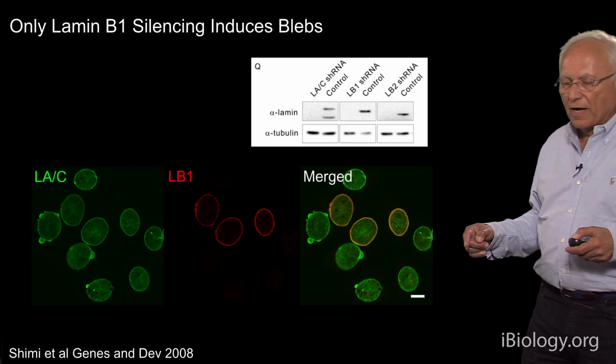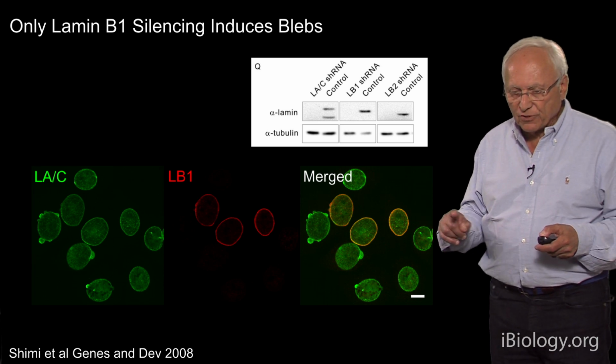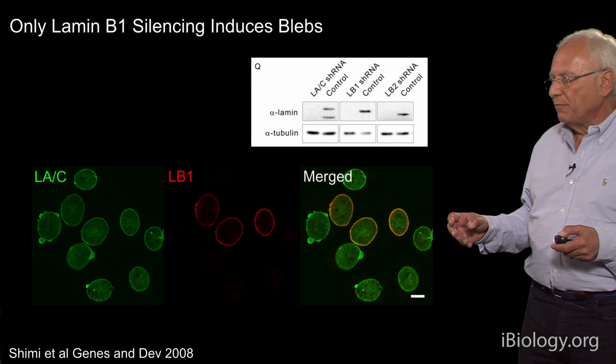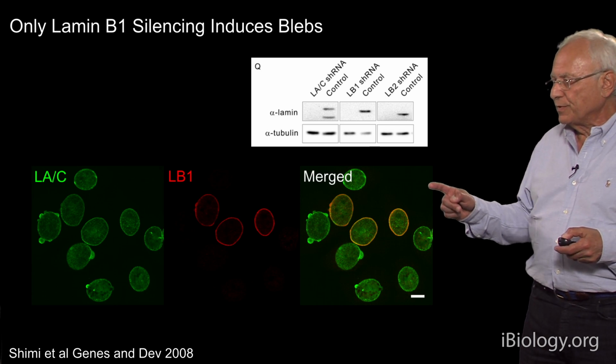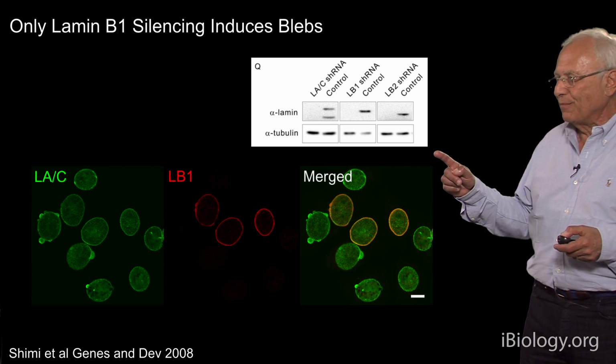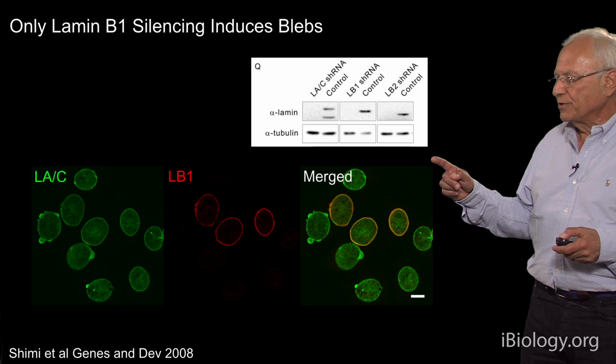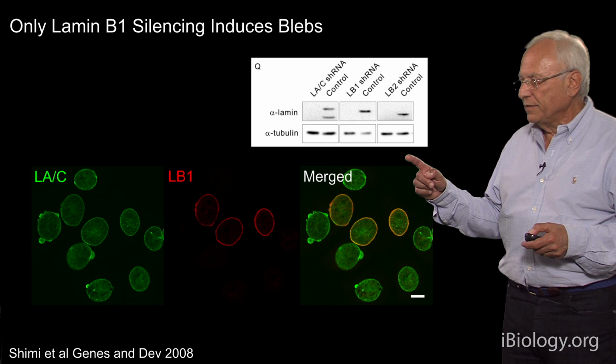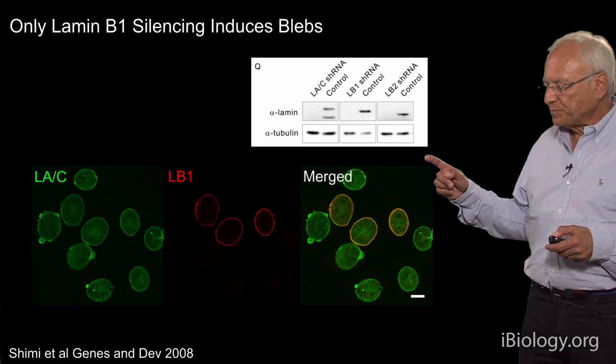So we wanted to know how this change in nuclear lamin structure might be achieved. And to do this, we just carried out some typical cell biological experiments, which involved silencing each of the lamins. So we designed silencing vectors, shRNAs for lamin AC, for lamin B1, and lamin B2.